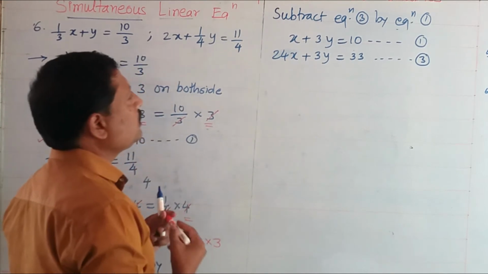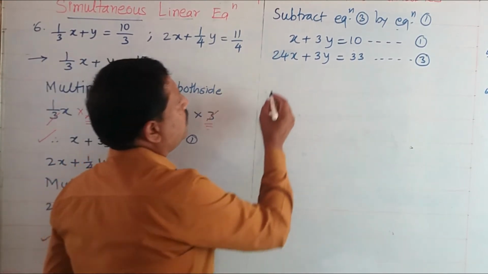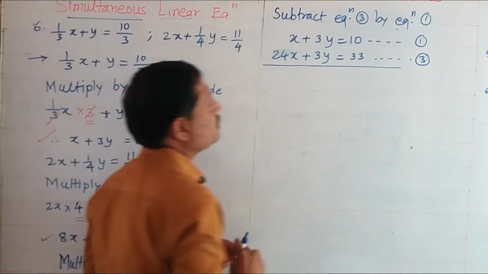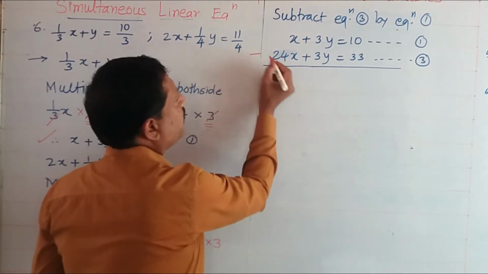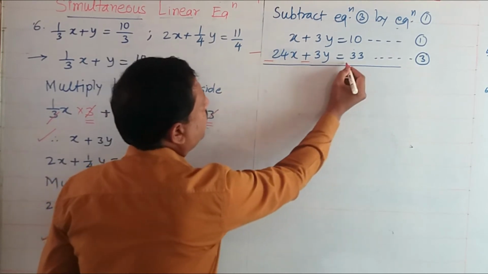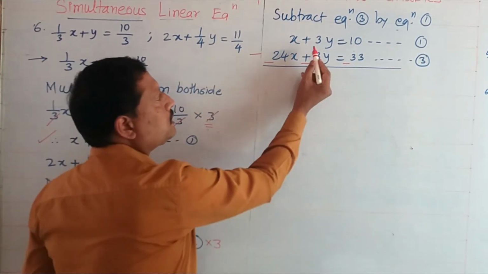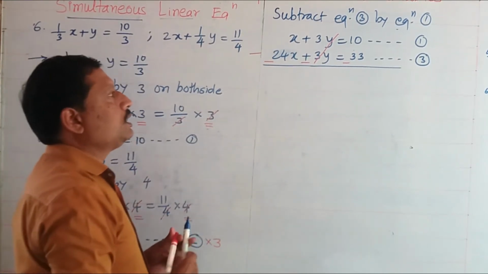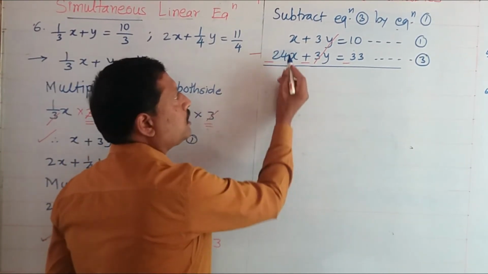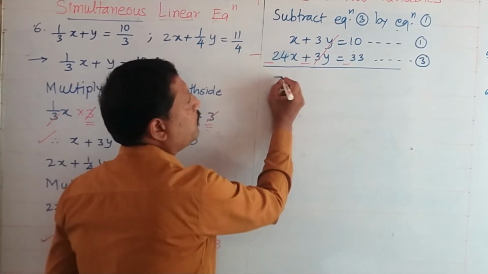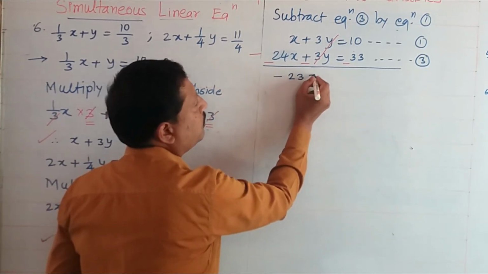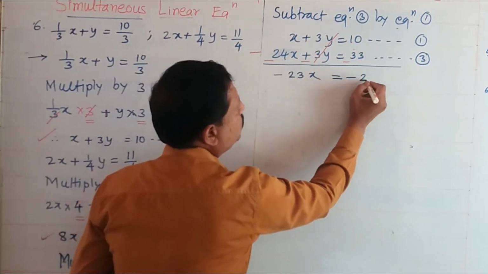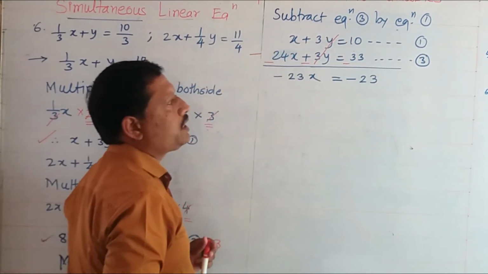Now while subtracting we have to change the sign of the second equation. So put here a negative sign. This will be negative, this will be negative, and this will be negative. This 3y minus 3y becomes 0y, means the term of 3y will be eliminated here. x minus 24x will be minus 23x is equal to 10 minus 33, which gives minus 23.